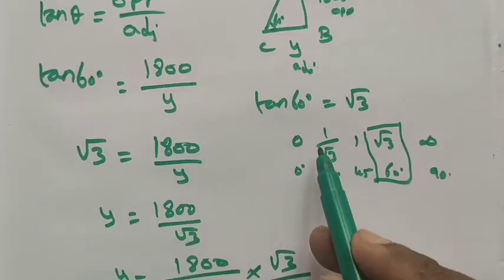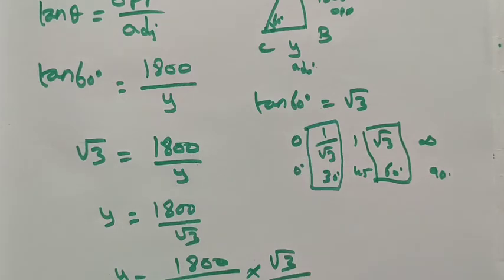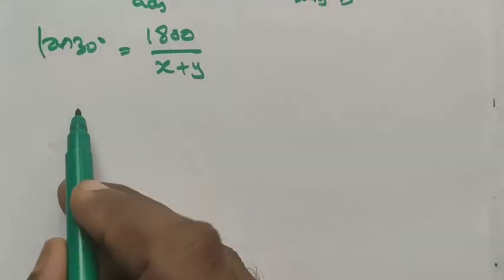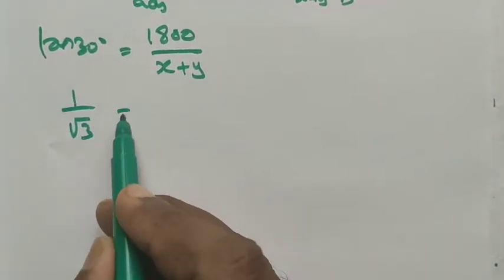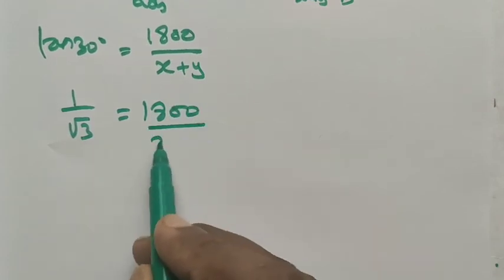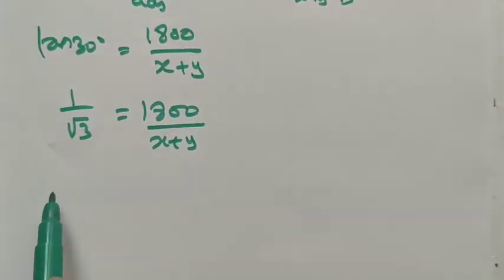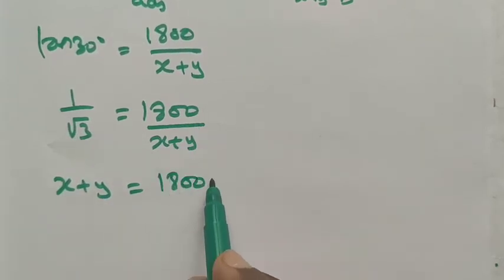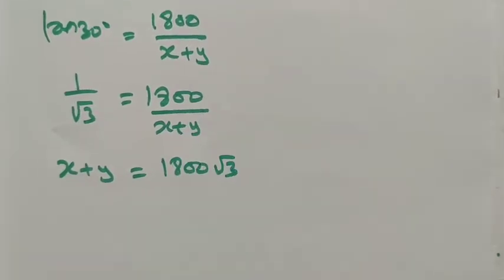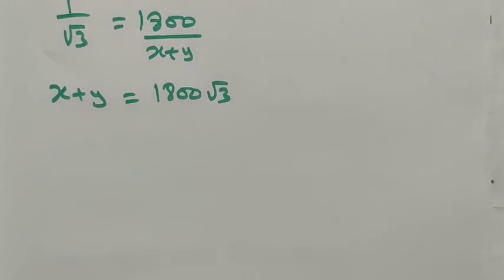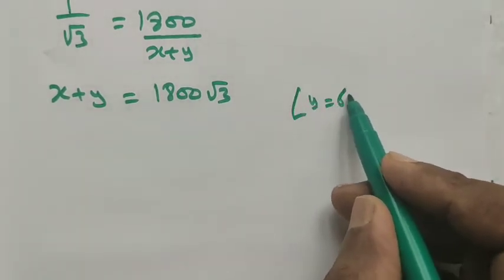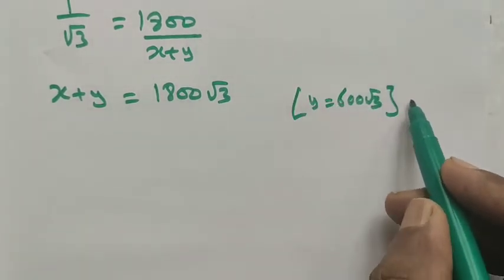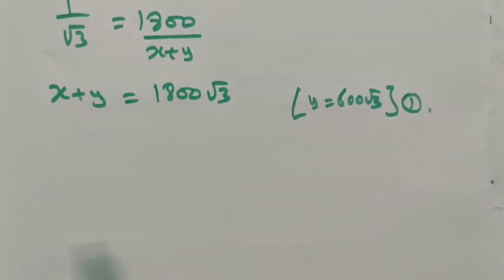See here, tan 30 is equal to 1 by root 3. Then I substitute the value 1 by root 3 equal to 1800 divided by X plus Y. I take this X plus Y to this side and root 3 to the other side, which gives 1800 root 3. Now Y we have already found, that is Y is equal to 600 root 3 by equation number 1.